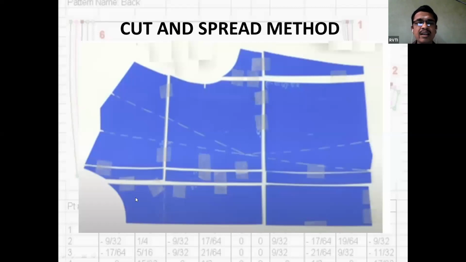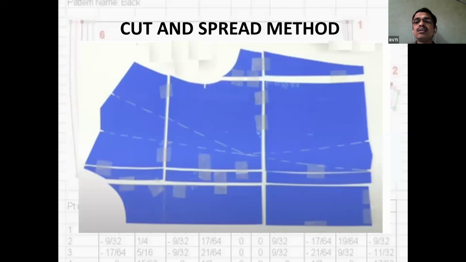For example, if I prepared an S size pattern, I have to convert it to an M size pattern. Before that I should know the increment. One important point I forgot to tell you: pattern grading is a very easy process. We have to understand the concept, then it becomes very easy.